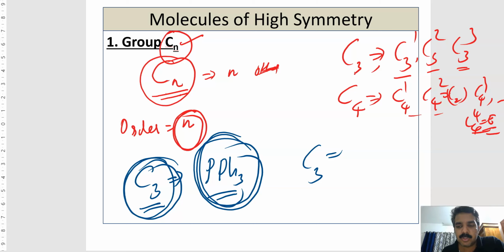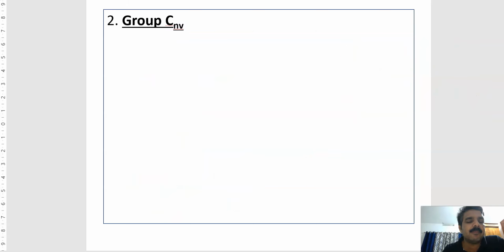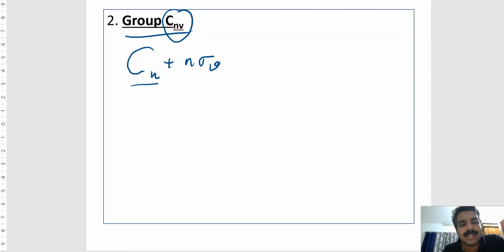We are moving to the next type, that is Cnv. Cnv point group means it contains a Cn axis, and in addition to Cn there will be n sigma v planes present. These are very common types of point groups.